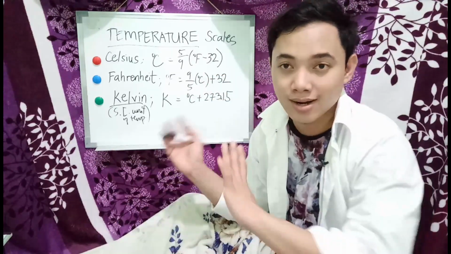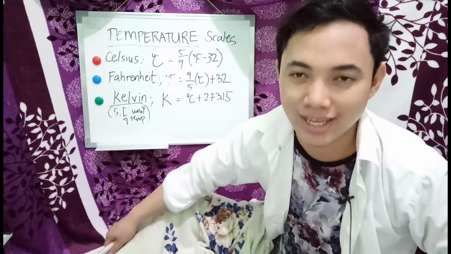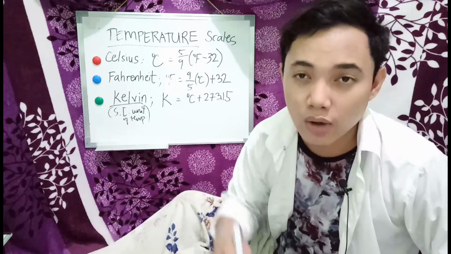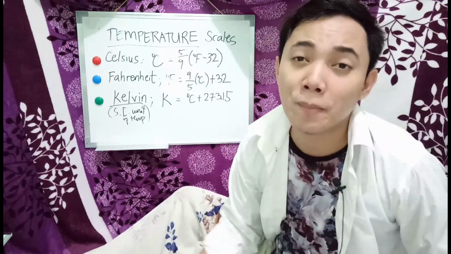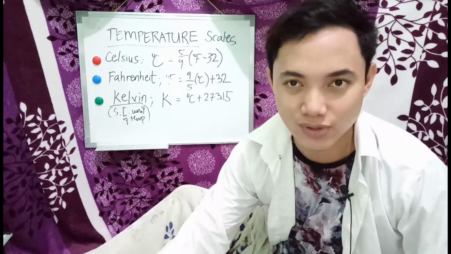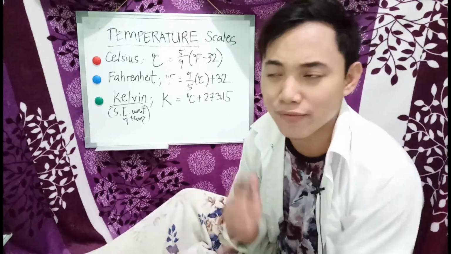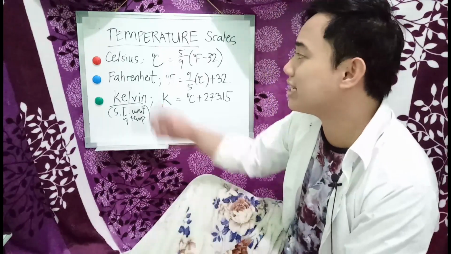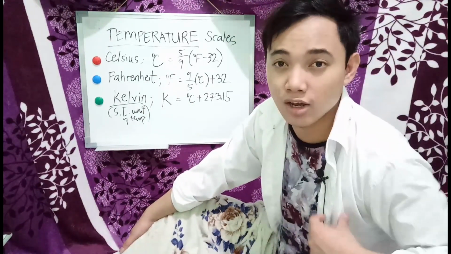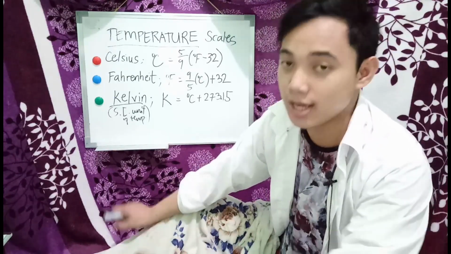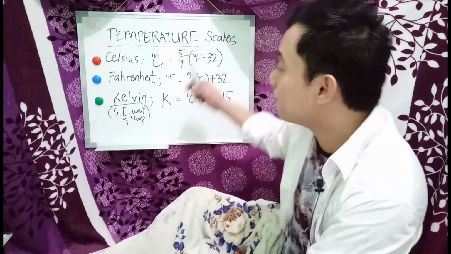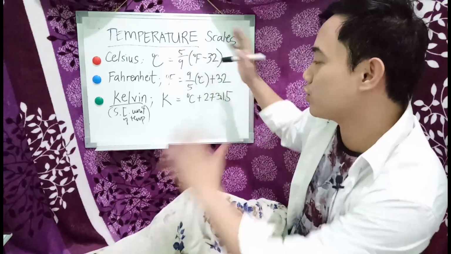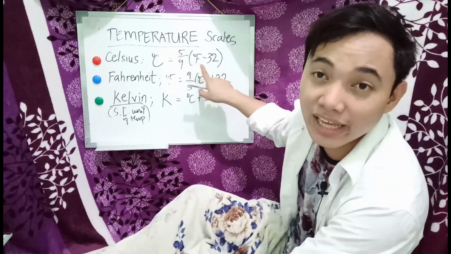By the way, before ako mag-proceed dyan, ito yung i-take note nyo. Yung value ng degree Fahrenheit always mataas dun sa degree Celsius, kaya bibigyan ko kayo ng tip kung paano ma-familiarize or ma-retain yung formula sa isipan nyo, sa conversion ng degree Celsius to degree Fahrenheit and degree Fahrenheit to degree Celsius. So yung degree Celsius, since mababa siya compared sa value ng degree Fahrenheit, yung formula niya, mauna yung maliit, which is 5/9, tapos open and close parentheses, degree Fahrenheit minus 32.